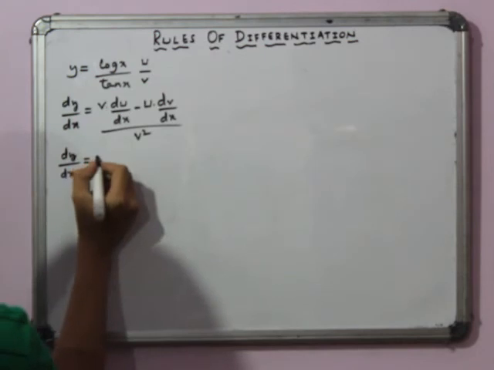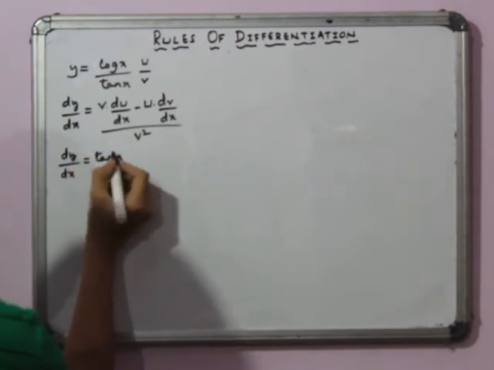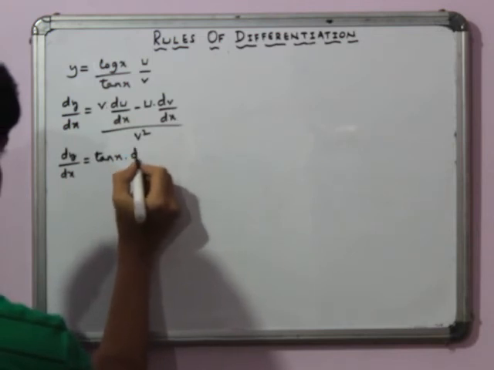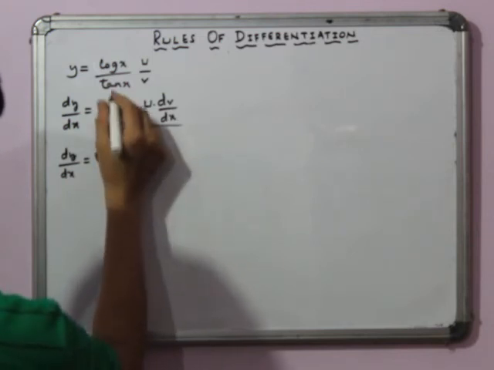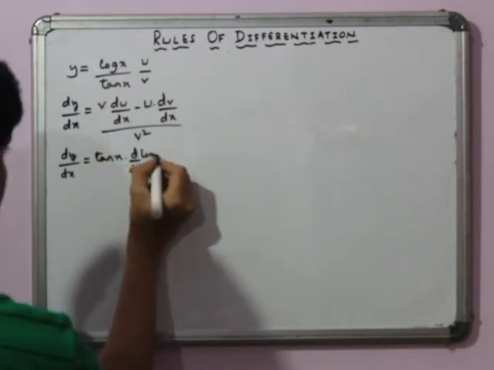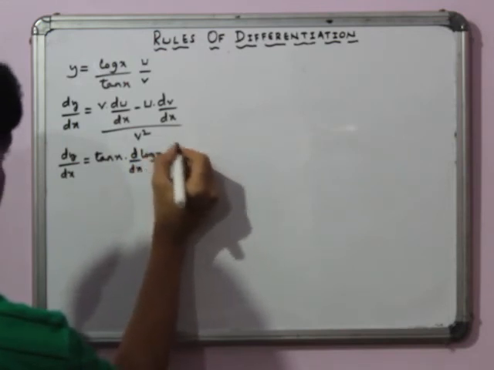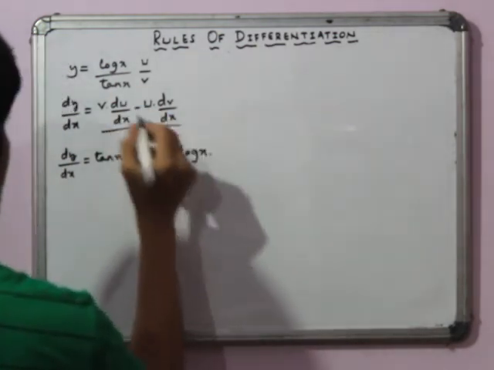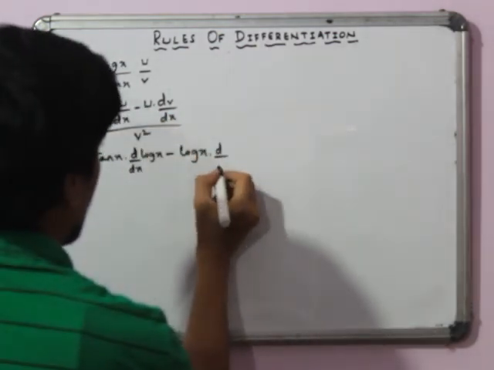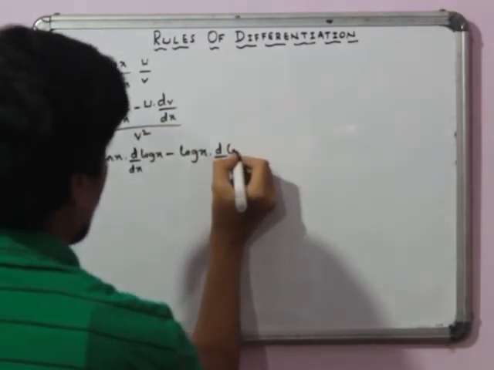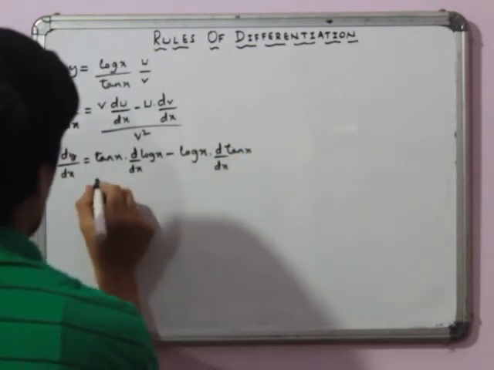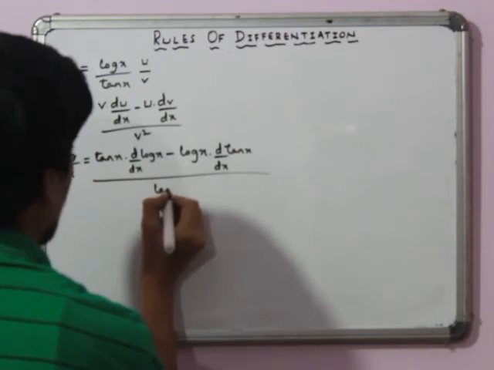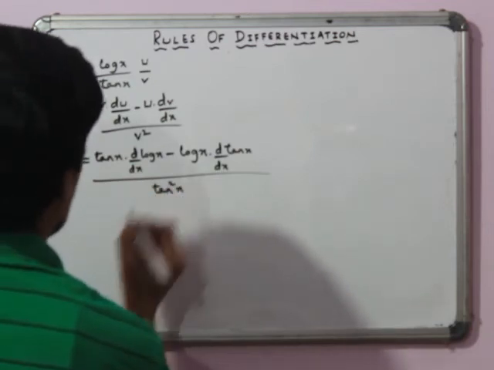V is nothing but tan x, into du by dx, that is differentiation of u, that is log x, minus u, which is nothing but log x, into dv by dx, that is differentiation of tan x, whole term divided by v square, that is tan square x.